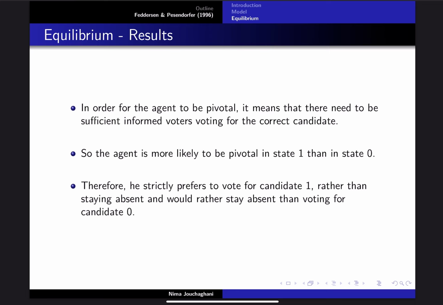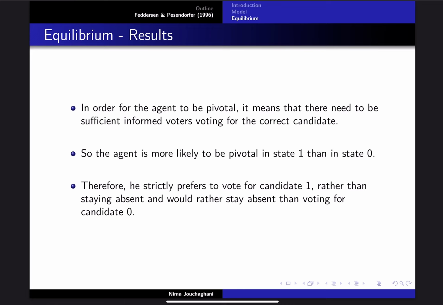And if you know that it's more likely that you're pivotal in state 1 than in state 0, and you are actually pivotal, so this is the only situation where it matters what you choose, then you should vote for candidate 1, because again, you are an independent voter and you want to vote according to the state.